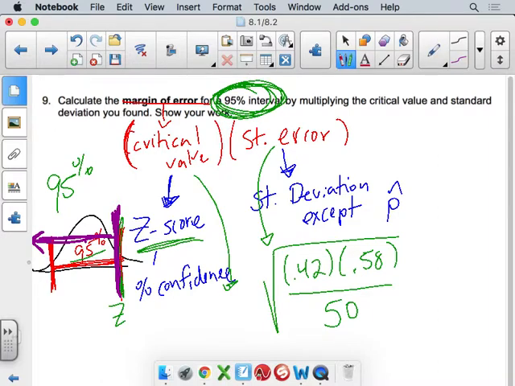A tricky part about getting the critical value is that you have to think about how much is on the tails. If 95% is in the middle, we have 5% on either end. That means there's 2.5% over here, 2.5% over here. And so this purple value is 95% plus 2.5%.